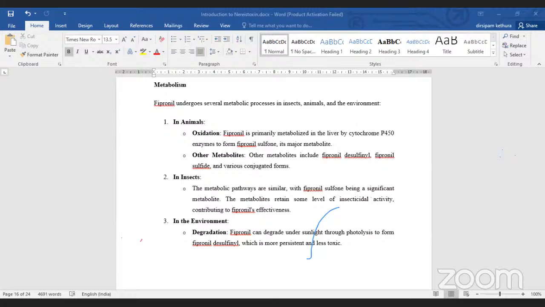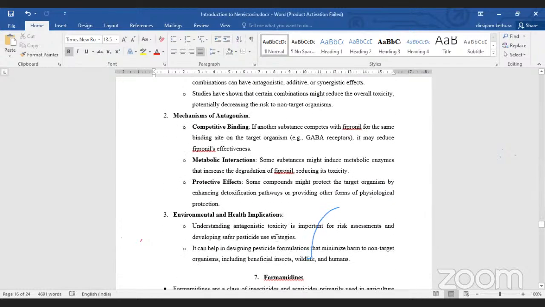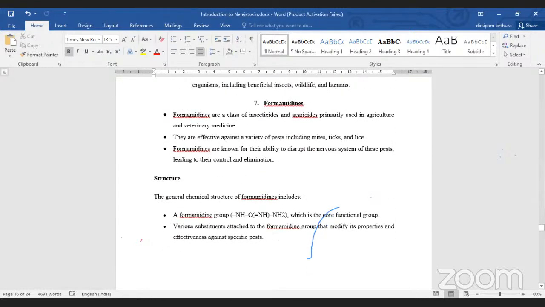And now we are going to talk about the other part. This one is formamidins. Coming to the formamidins, these are a class of insecticides and acaricides, which are primarily used in agriculture and veterinary medicine.